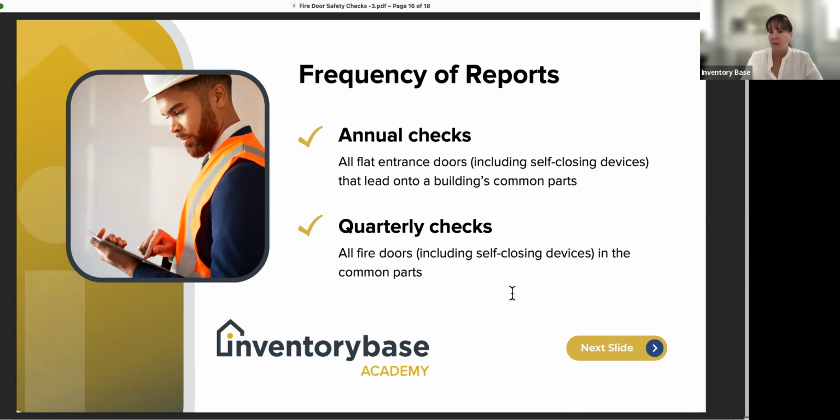So you need to record all of the properties in the building, make sure that you've attempted, and can show that you've attempted, to contact the tenants and give them an understanding of when you're due to come in and carry out these inspections and checks.